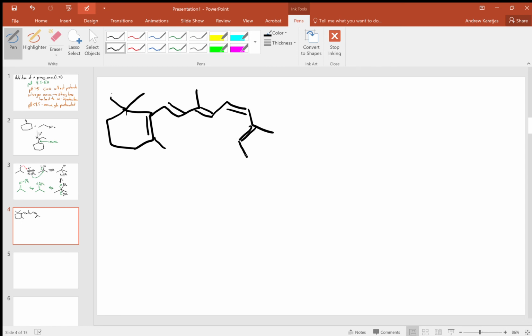So if we start with this molecule here, this molecule that comes from vitamin A, and vitamin A is converted here into cis-retinal. And you'll notice that cis-retinal has the aldehyde here.